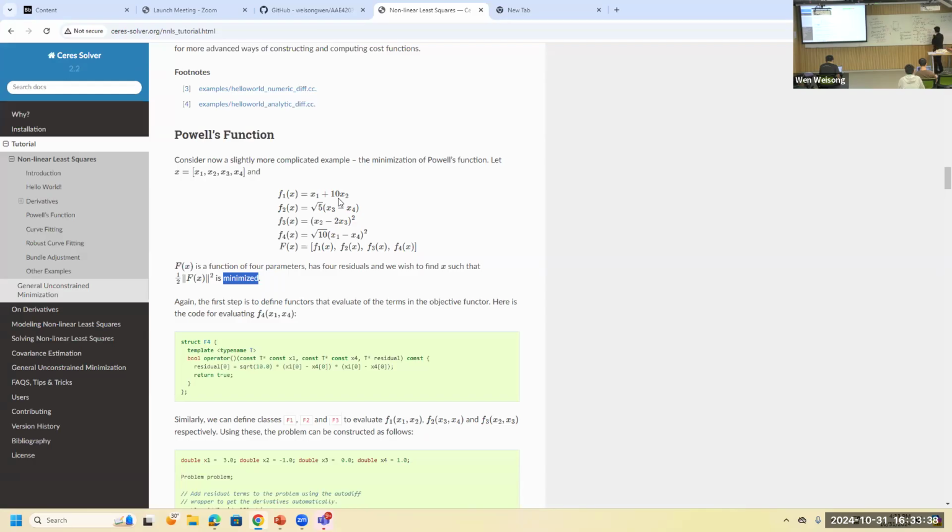So in this case, if you get the JTJ, that's going to be 1 over 13, multiplied by minus 2, minus 3, fx, which is equal to 3.